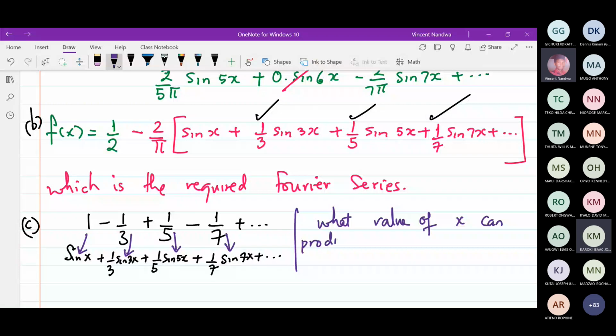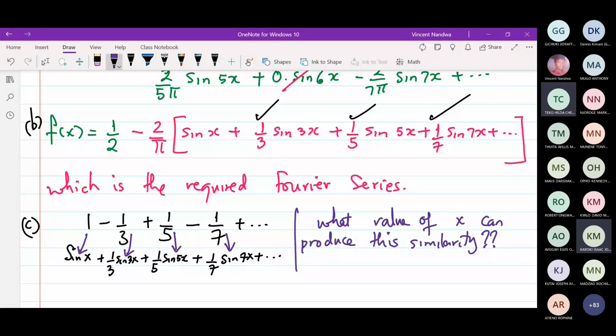Which value of x will be in such a way that when we put it into the series in B, it will make the value of sine of x to be 1, make the value of a third sine 3x to be minus a third, the same value of x to make the value of 1/5 sine 5x to be positive 1/5, and the same value of x to make 1/7 sine 7x to be minus 1/7.